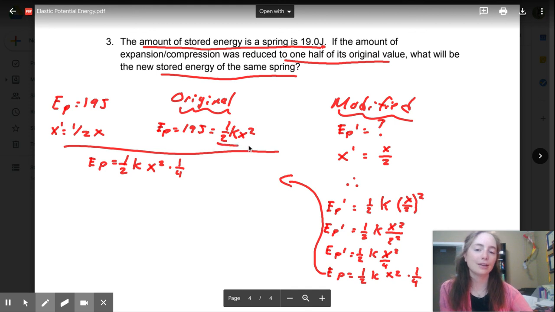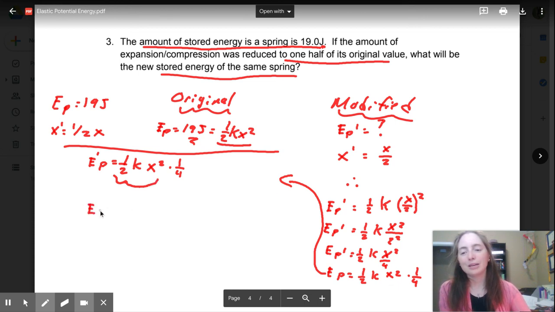We've got this here, 1/2 kx squared. I forgot my primes. There we go. And this is the original, 1/2 kx squared. 1/2 kx squared is equal to 19. Guess what? I can substitute this whole kit and caboodle for 19.